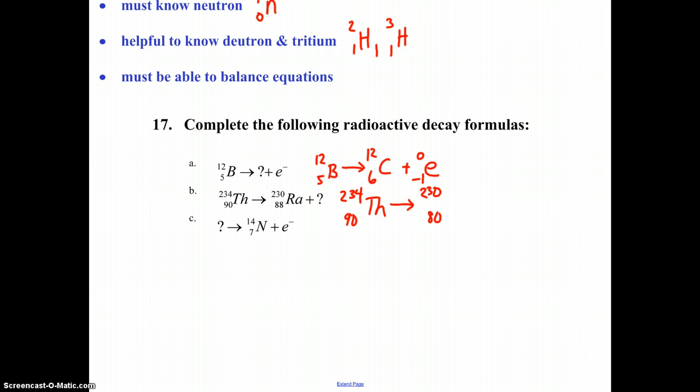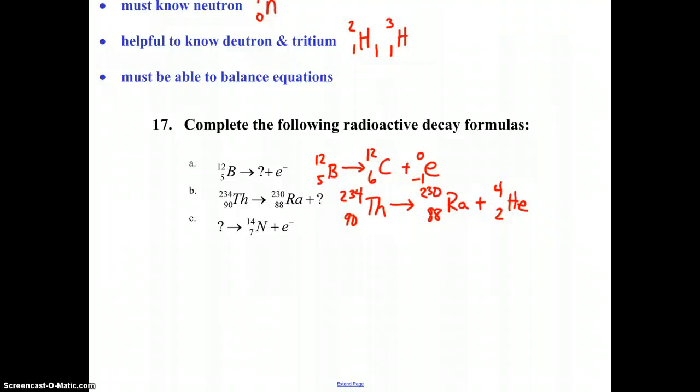So 230 plus what equals 234? Our mass number has to be 4. And 88 plus what equals 90? Our atomic number has to be 2. So what do we recognize that as? Well, that has the mass number and atomic number of an alpha particle. What you need to also recognize here is that it's an alpha particle and it's not natural helium because it's a natural transmutation, so it has to be the radioactive decay particle there.